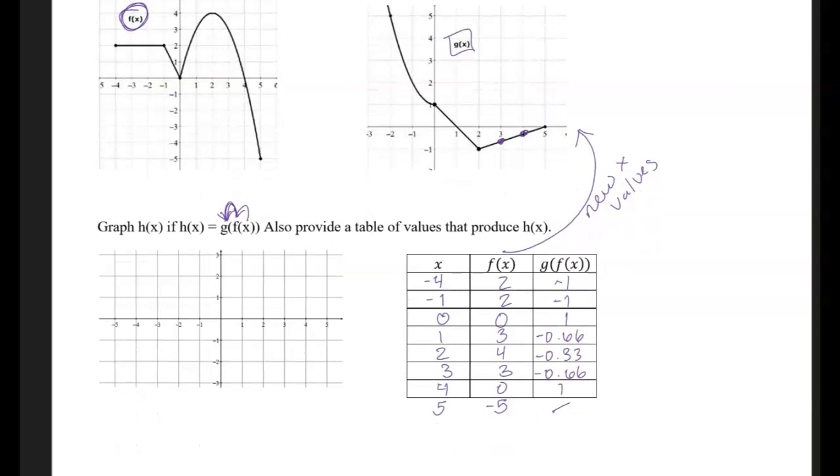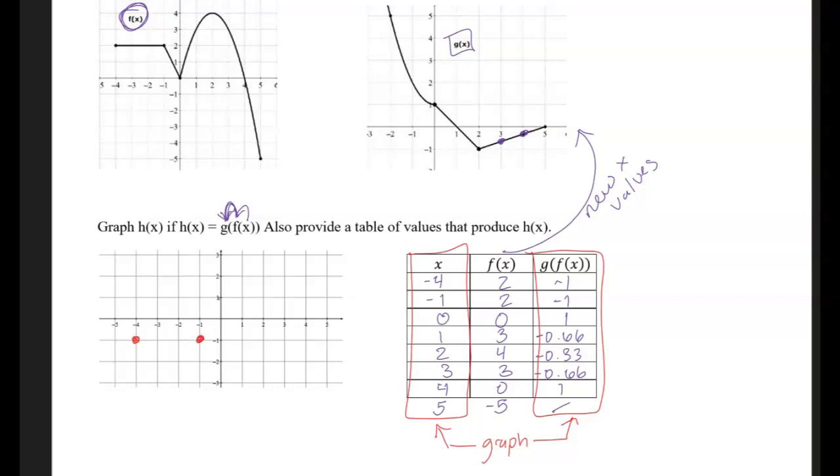So now we go ahead and graph the initial inputs, your x values, and your composition g of f of x as your y values. So we have -4, -1. We have -1, -1.